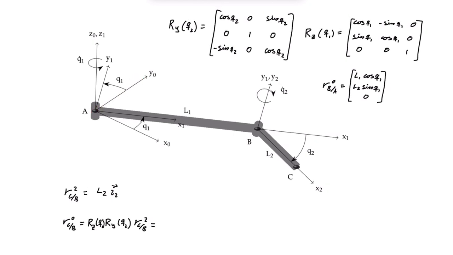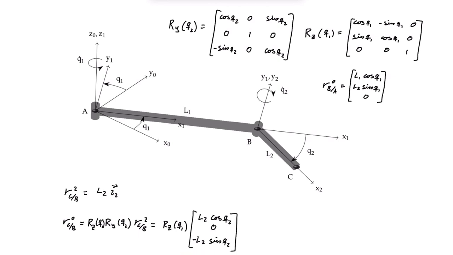So we can just multiply with the first one first. We have only the x direction here, so we just need to multiply L2 by this. So we have L2 multiplied by cos Q2, 0, and L2 multiplied by sine Q2, and then we also need to have the minus in front.